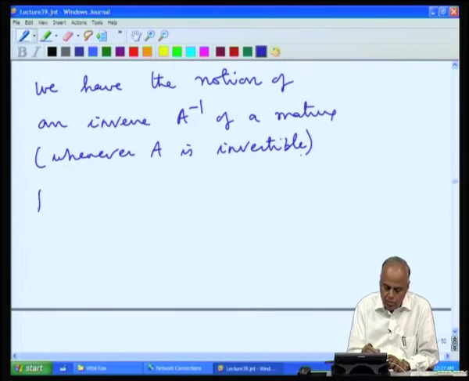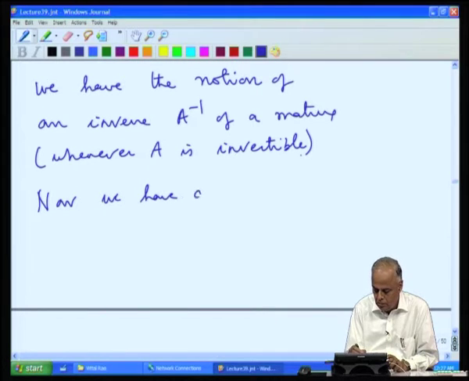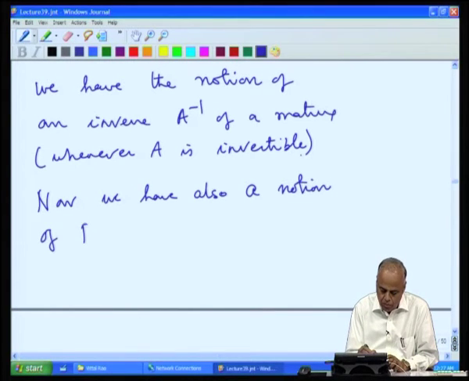Now, we have also a notion of pseudo inverse.